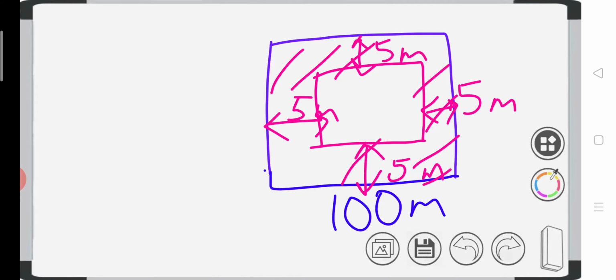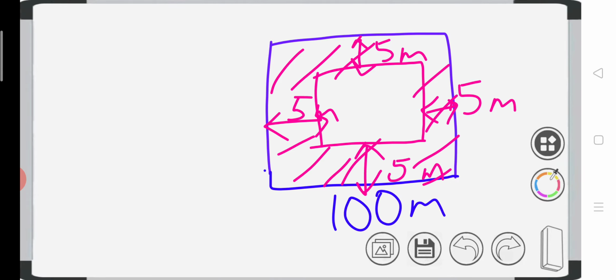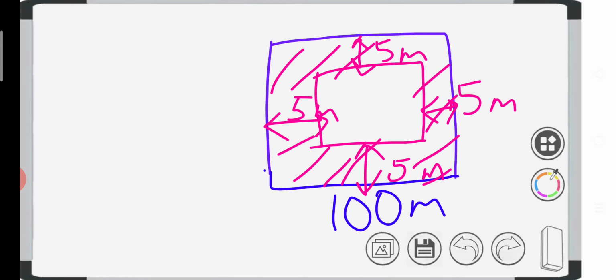So first of all we will calculate the area of this shaded portion and then we will multiply it with the cost. So for this we have to find out the length and breadth, both are equal in the square. So we have to find out the side of the inside portion, because you know the side of the outside square, that is ABCD.